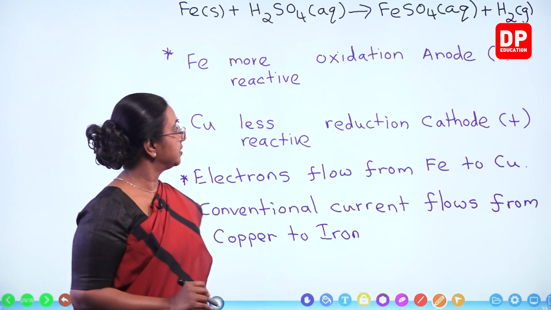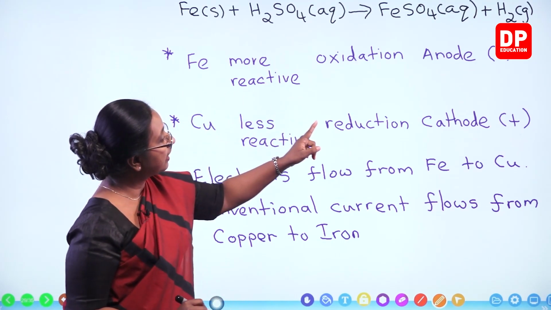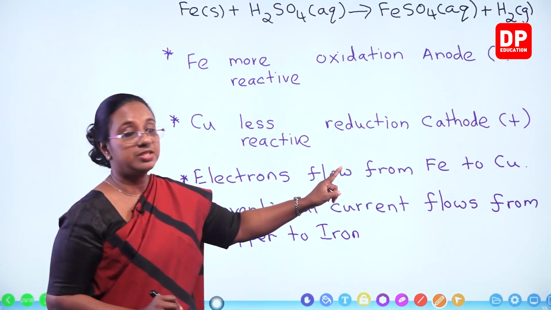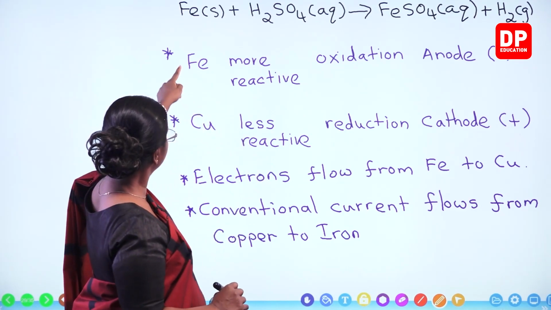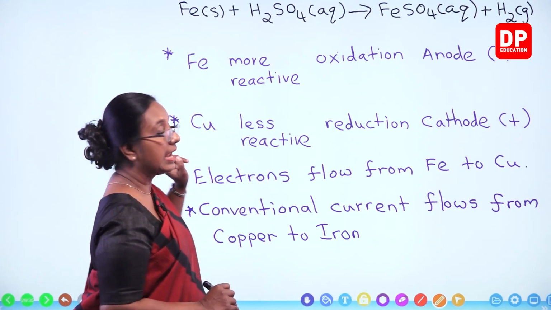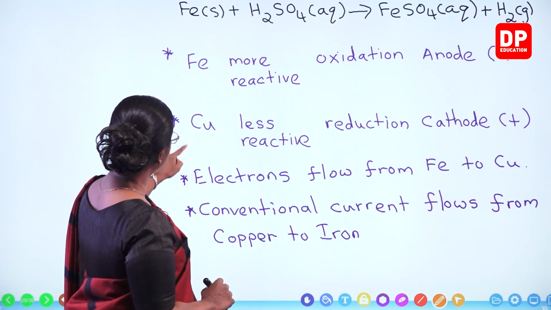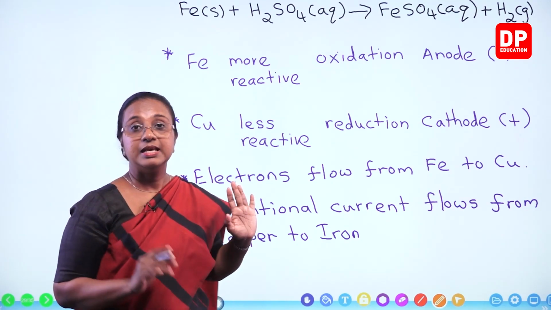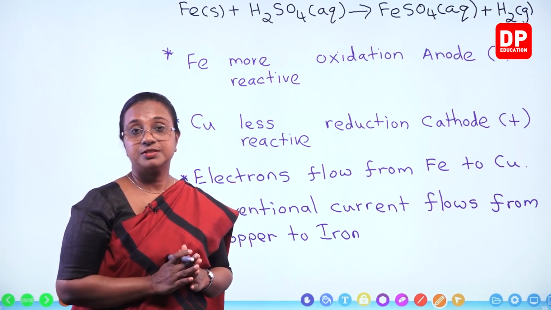Is that clear, students? Here, iron is the negative electrode, copper is the positive electrode. So, electrons flow from iron to copper and the conventional current flows from copper to iron. Is that clear to you all, students?